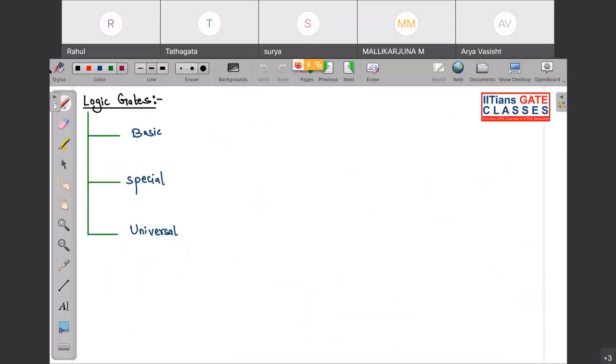Okay. So first let us study the logic gates. So logic gates, as I told you, this is logic designing. Logic gates can be classified in three parts: basic logic gates, special logic gates, and universal logic gates. Basic logic gates can be sub-classified into three more parts: AND, OR, and NOT.